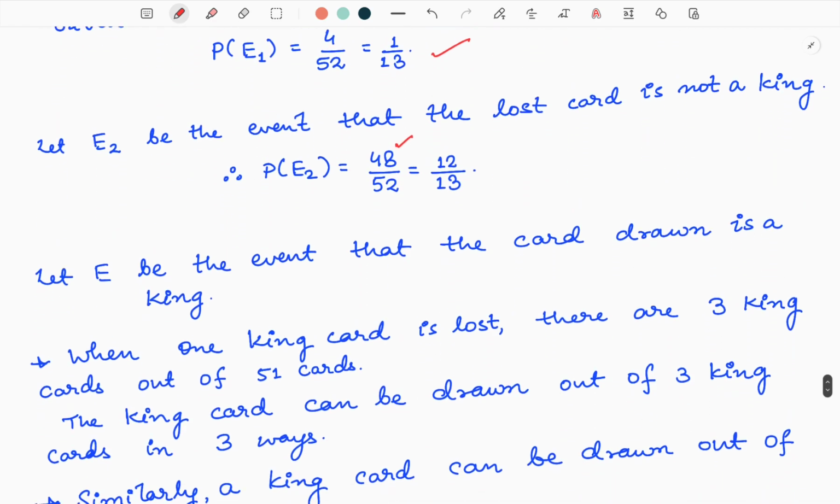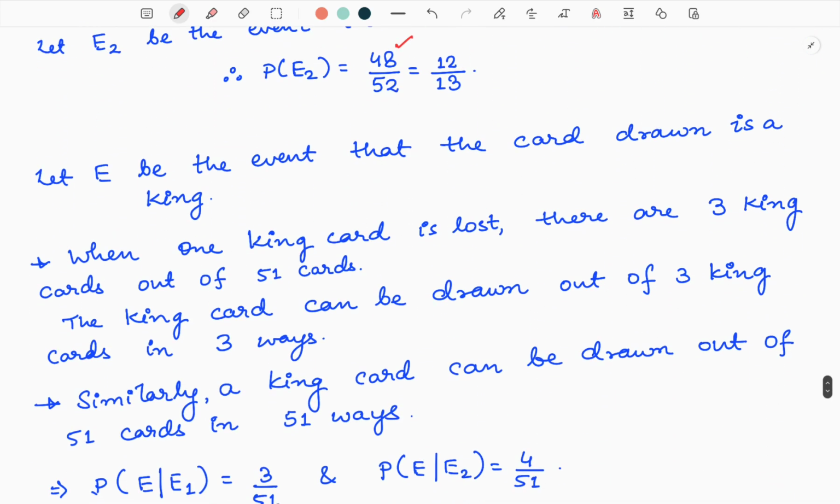Now what is the probability that, if one king is lost, the card you draw is a king? When one king card is lost, there are three kings remaining. Out of 51 you have to draw one card, so the probability of getting a king is 3 by 51.